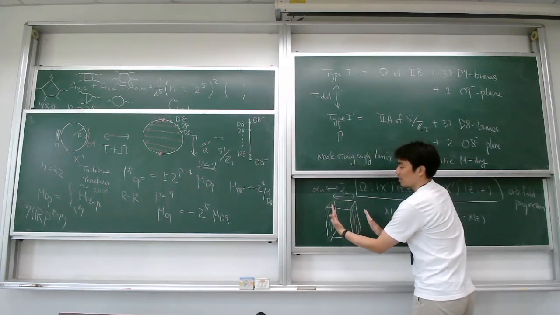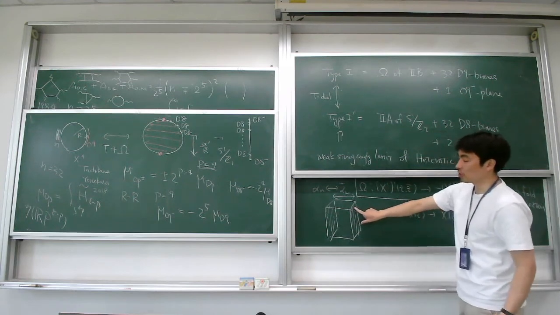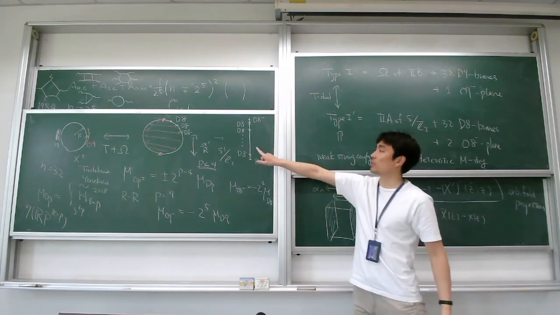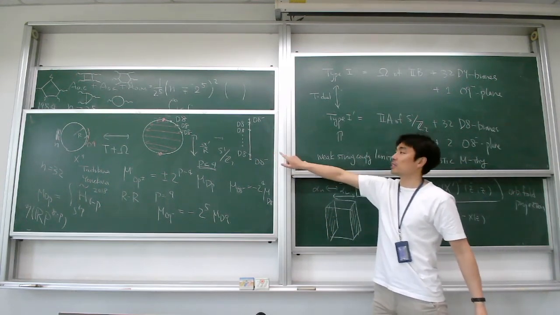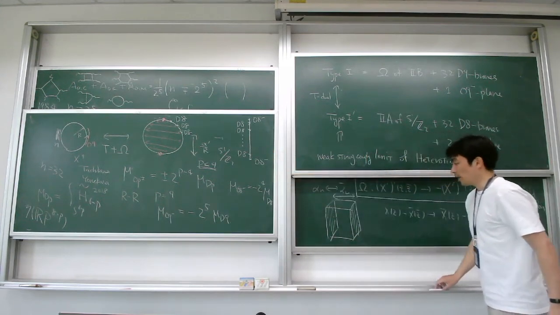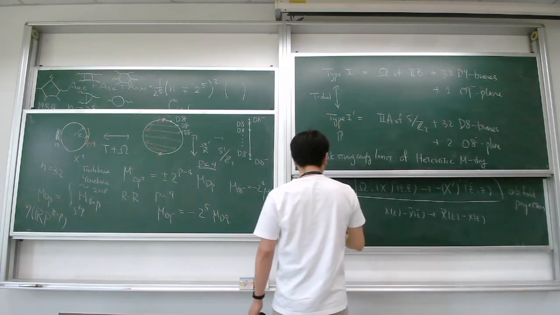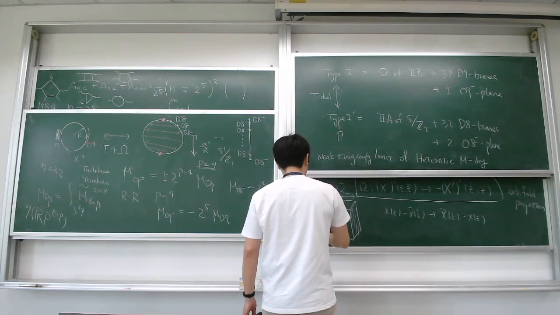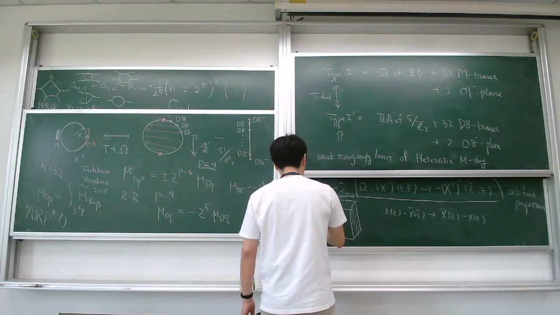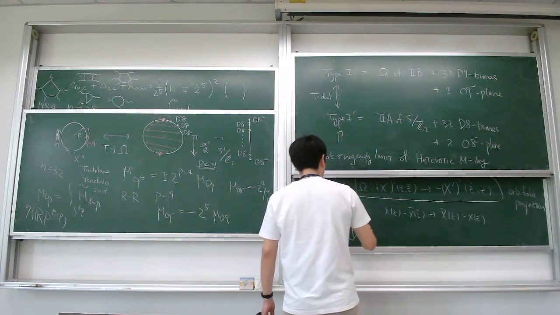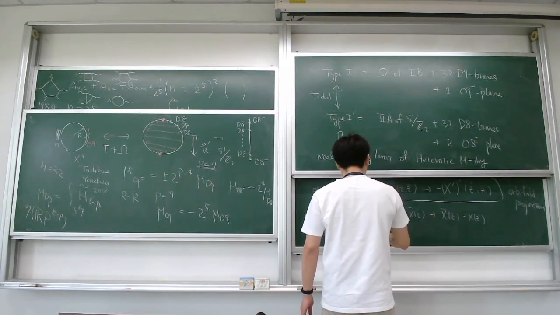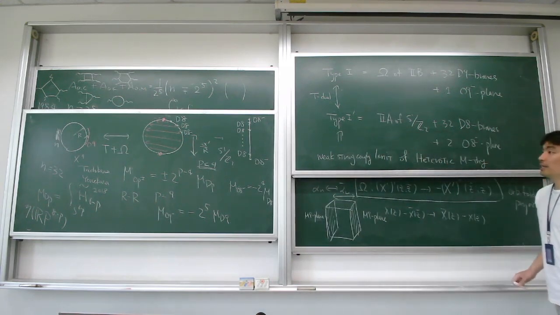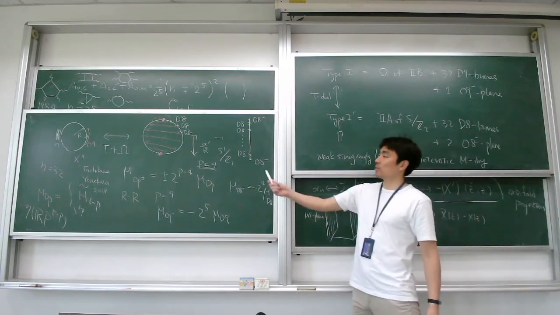Once you take another compactification on a circle in 10 dimensions, it reduces to this type I theory. Here you can have an M9 plane at each end, and this M9 plane becomes the O8.